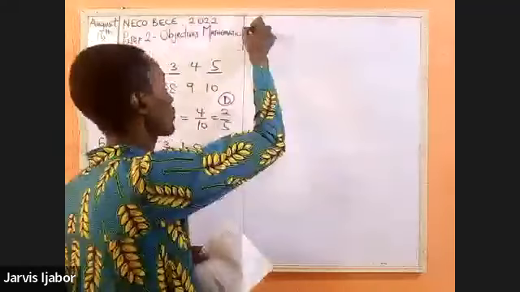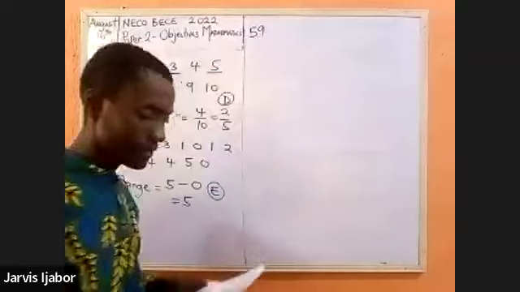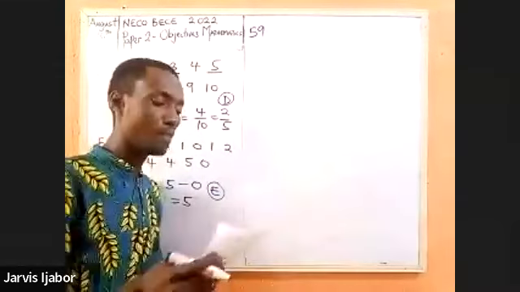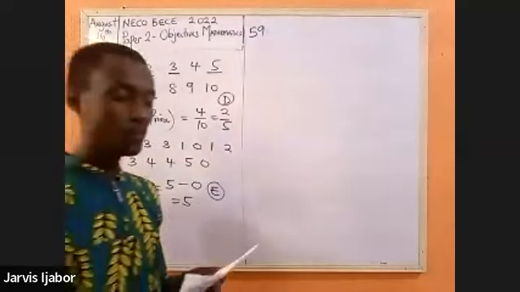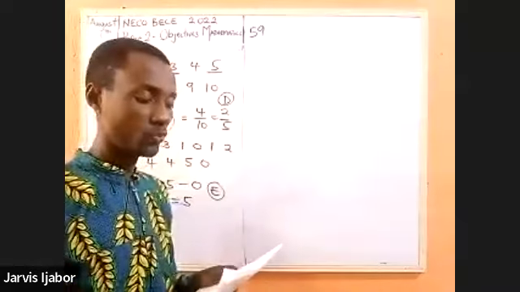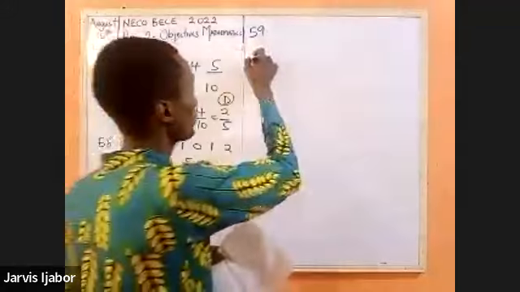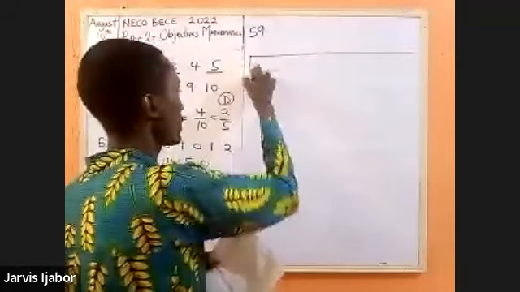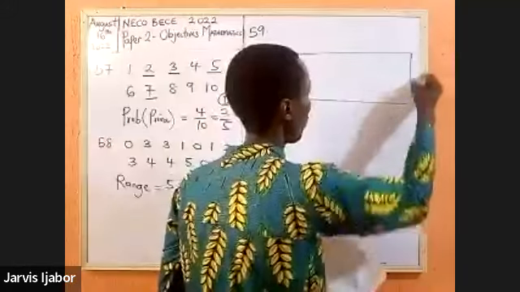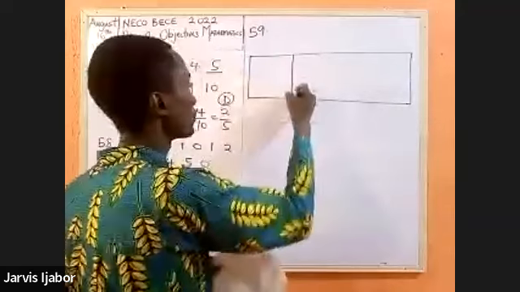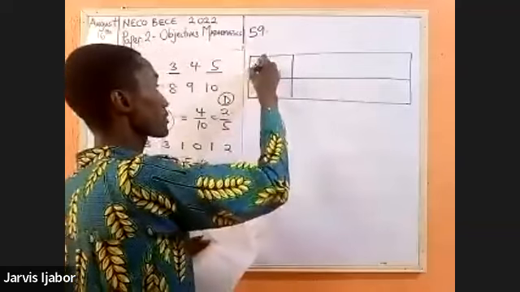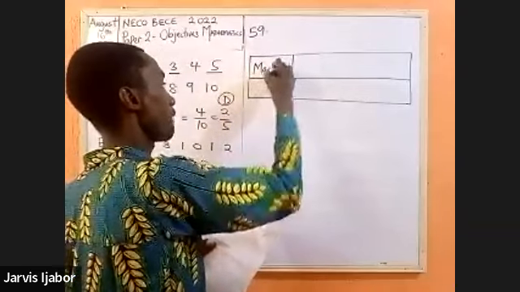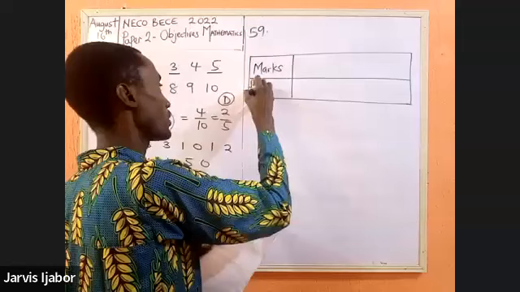Okay, so for question 59, it says the table below shows the marks obtained by a set of students. Use the table to answer questions 59 and 60. So let me draw the table so that we have a better picture of what we are told to do. This will be marks, and this will be frequency.